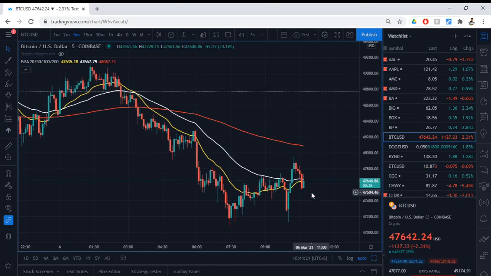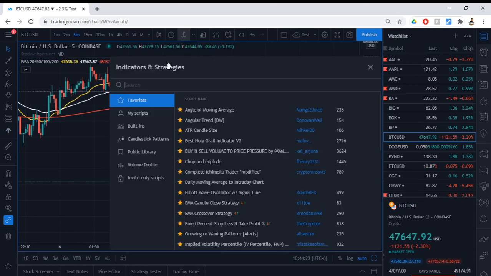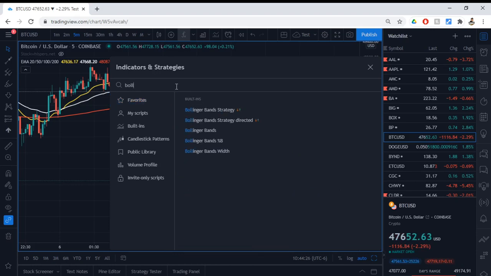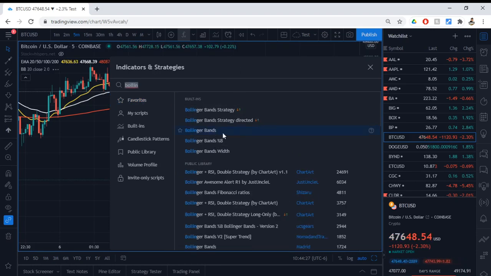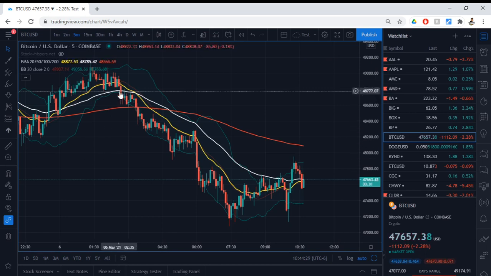The 20-day, if I add on here the Bollinger Bands, it uses the 20-day moving average, right? There are a lot of standard-issue, market-wise strategies that use the 20-day moving average as a guide. That's why I prefer to use the 20.